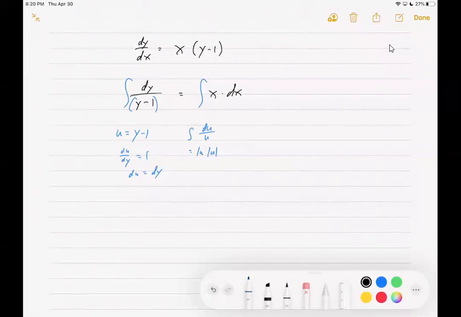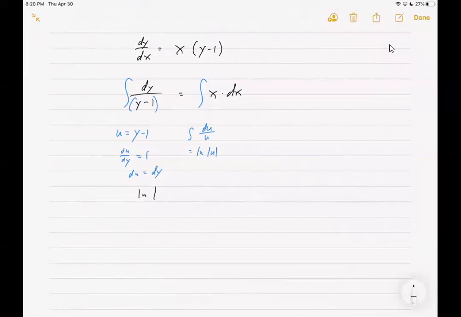So back to the problem, we can say this is ln of absolute value of y minus 1. And you could just make a quick educated guess that that would be the answer, and then double check by doing a chain rule on that, and you see that it would get you back to where you started from. The right-hand side, when you integrate, is x squared over 2 or 1/2 x squared, either one, plus c1.